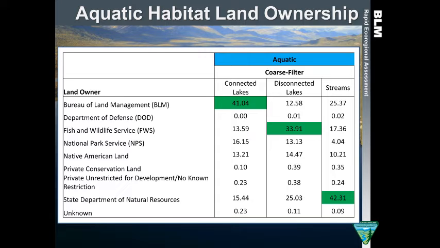It's the land, it's not the water, right? So it's the water body that's surrounded by land that is owned and or managed by that agency. Not upland.